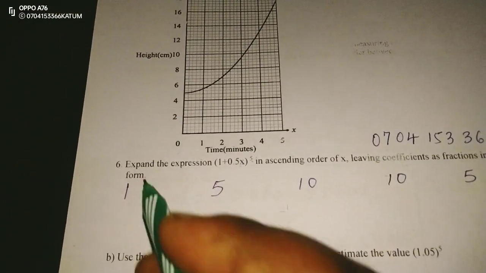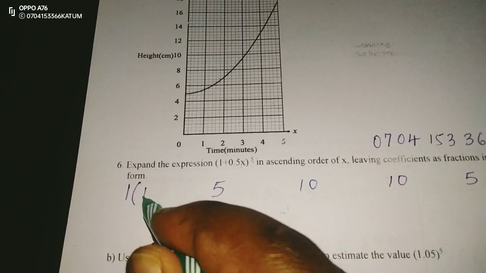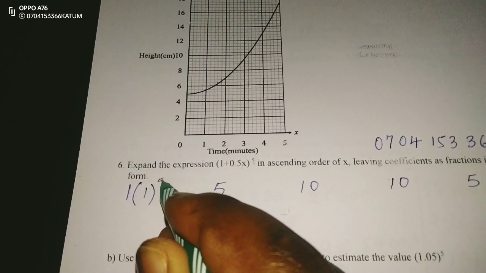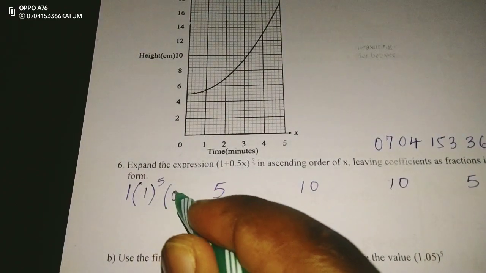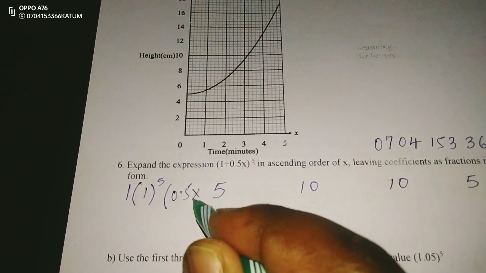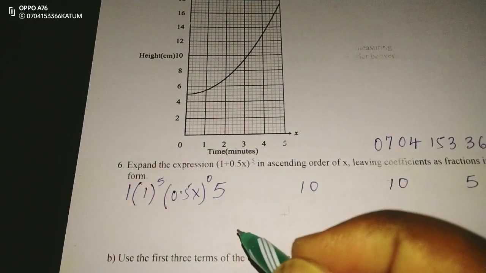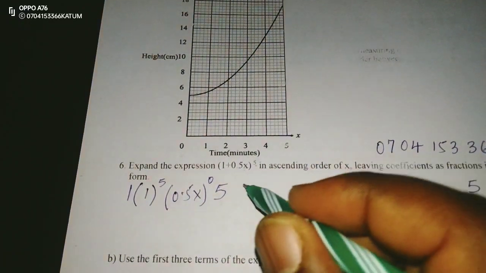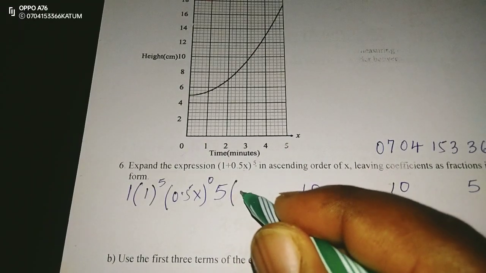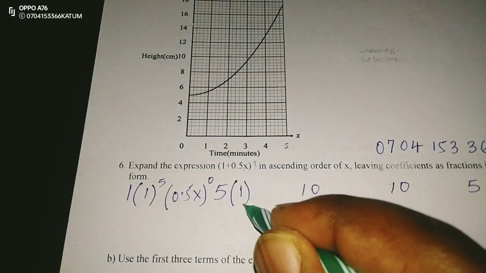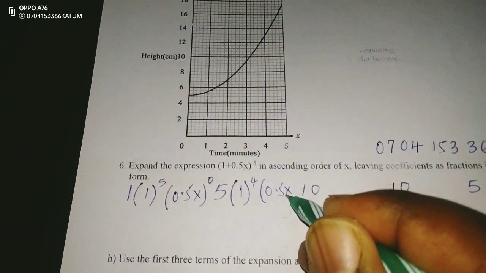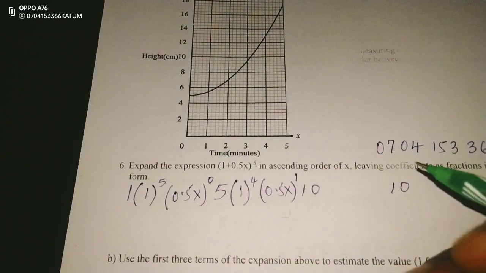So I'll begin with the first term, 1, which will be raised to power 5, but now we have 0.5x to power 0. Then we go to the next. Remember, the powers of x should be ascending. Now I'm going to have 1 raised to 4, but 0.5x now to power 1.